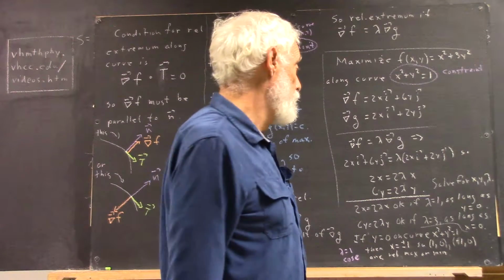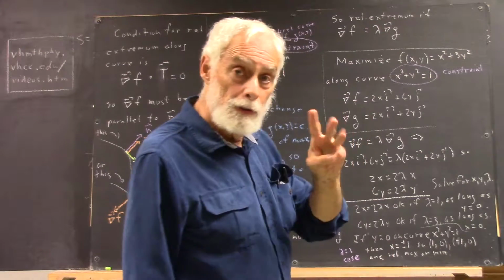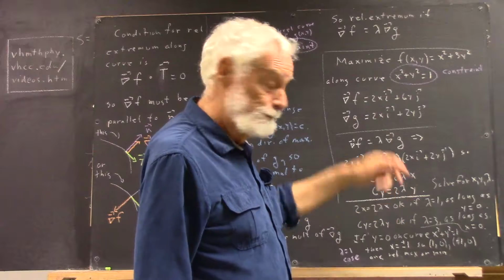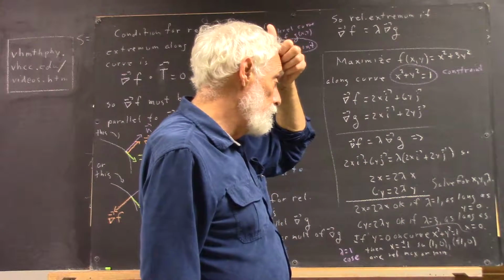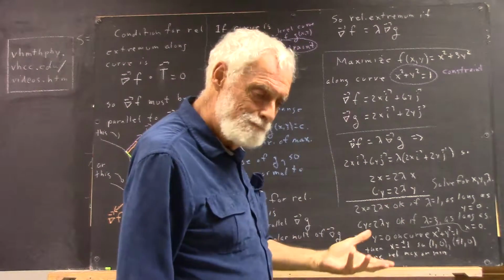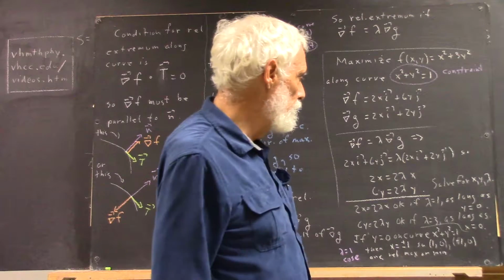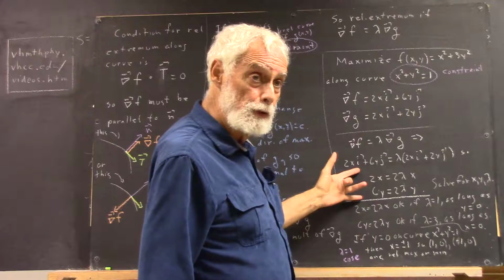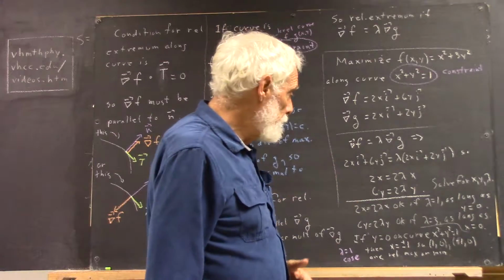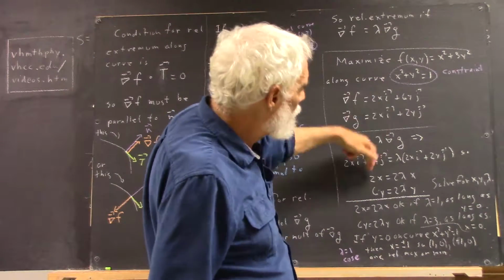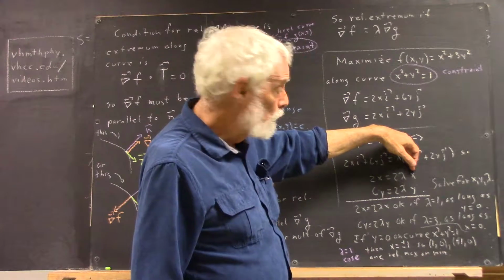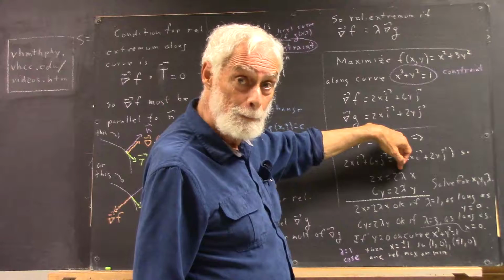Okay? Now, there are actually three things we need to solve for. That would be x, y, and lambda. And ordinarily, we have to do something that you'll see in the next example. But for this one, we actually have enough to figure it out with just the two equations. Because 2x equals 2 lambda x, that's going to happen only if lambda equals 1, right?